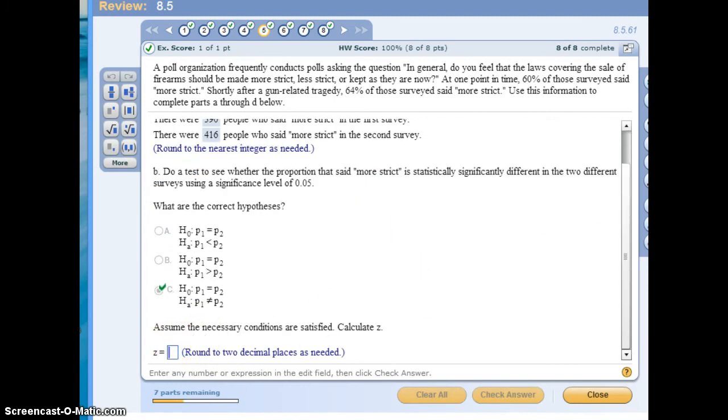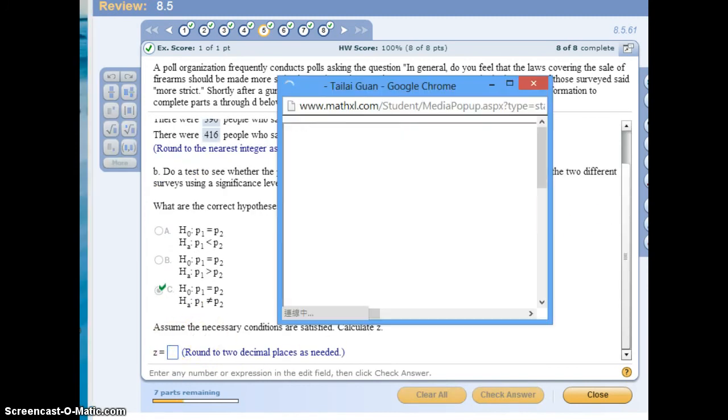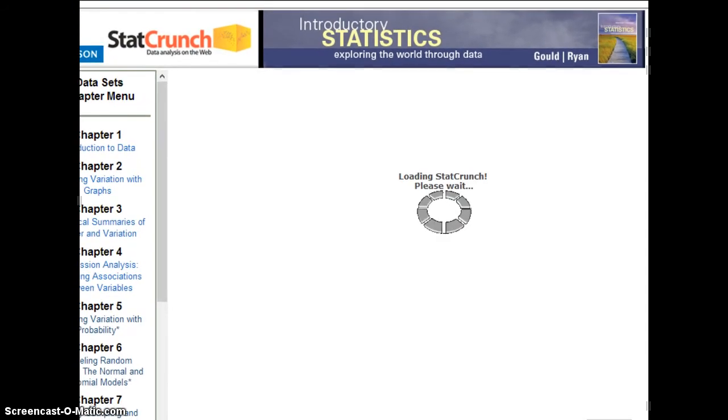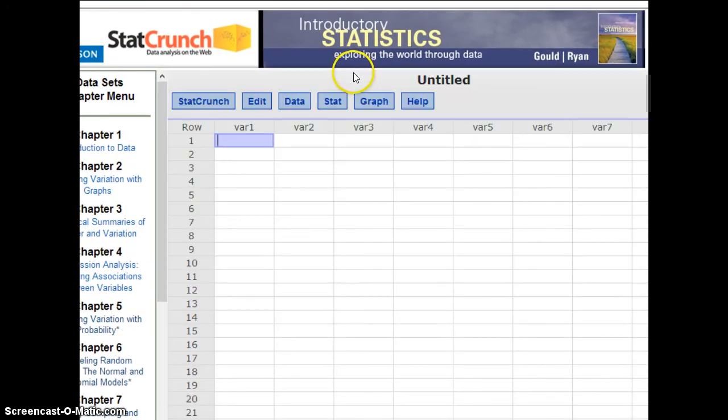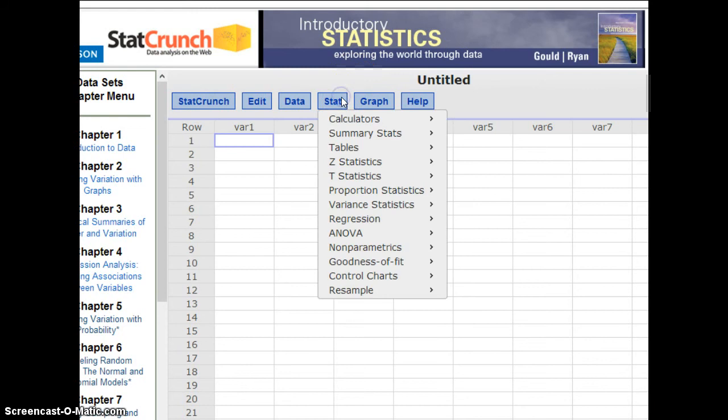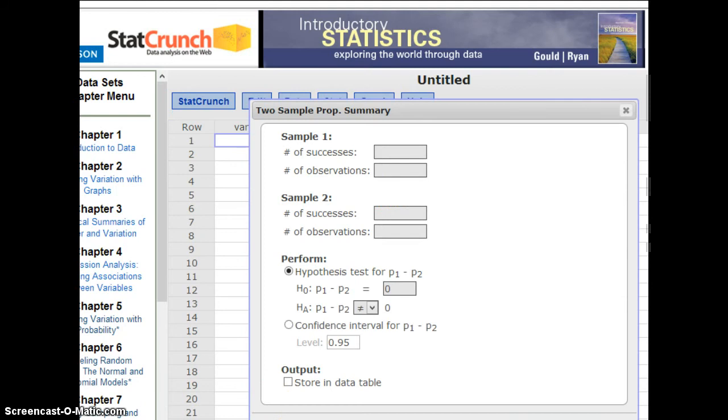And to find the z statistic, we open StatCrunch. In this chapter, we're doing two proportion z tests. So we go to Stat, then Proportion Statistics, Two Sample with Summary.